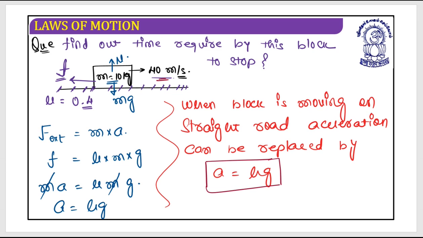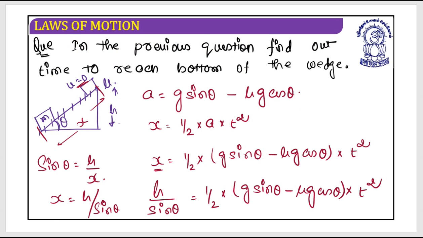This was the first situation. And if the block is moving on the wedge, and this wedge has friction, then acceleration can be written as a equals g sin theta minus mu g cos theta. If I understand this well, then I must know that I have the relations like x equals half a t square and all that kind of stuff. Yes, so that can be done.